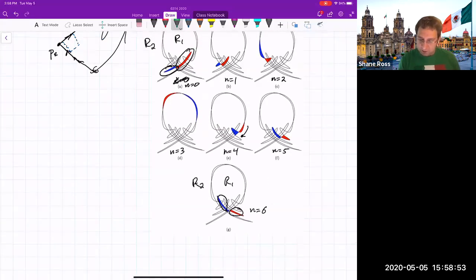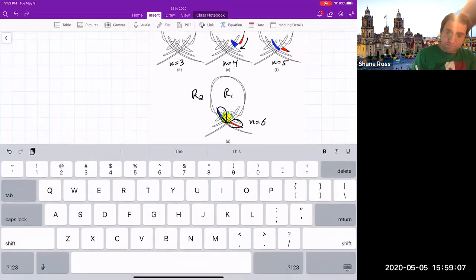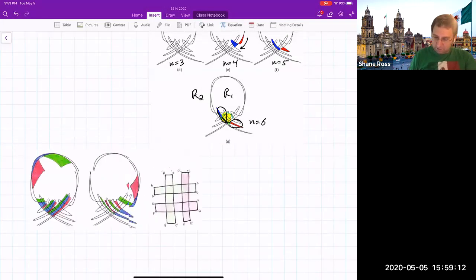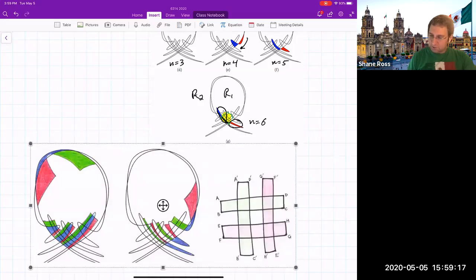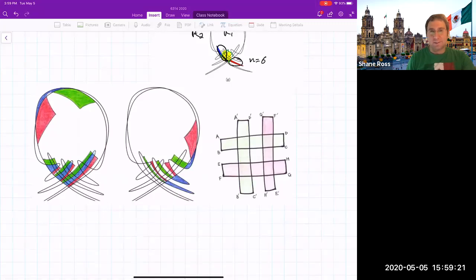If we look in more detail at what's happening in this region, which I'm highlighting in yellow, near where all these tangles are happening, this figure gives a nice illustration. He actually made these with colored pencils, because it was a lot easier than trying to draw it on a computer. This is showing around that lobe.